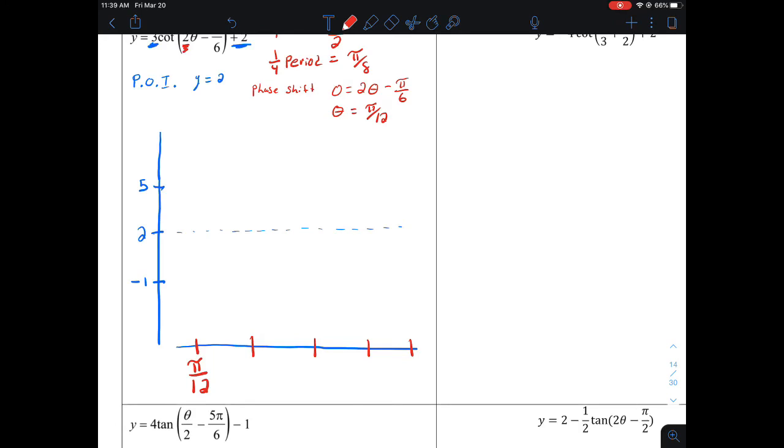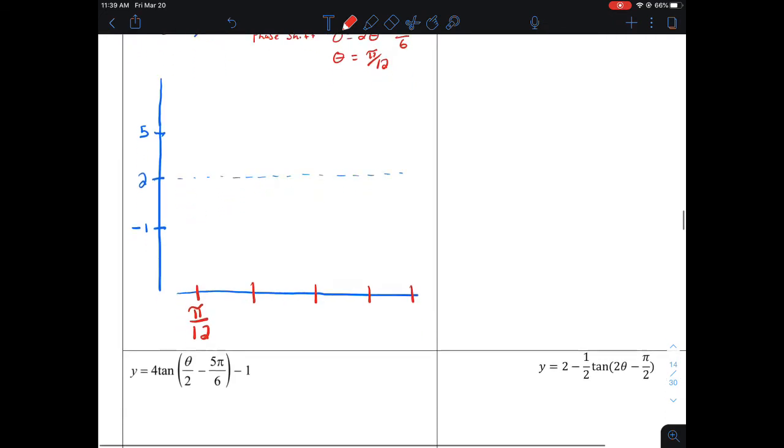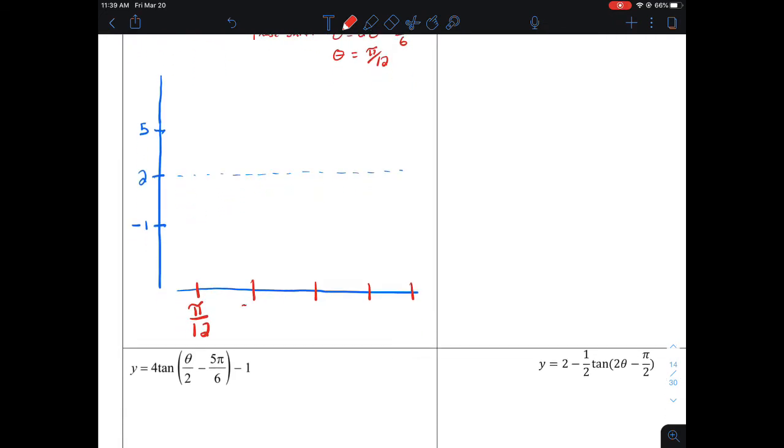Now, to get to the next number that's going on the x-axis, we have to take pi over 12, and we have to add pi over 8 to it. I do that, and I get 5 pi over 24. And then I'm going to keep adding pi over 8 until I get all of my numbers.